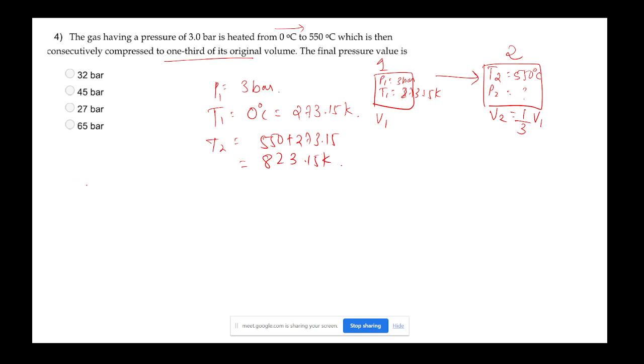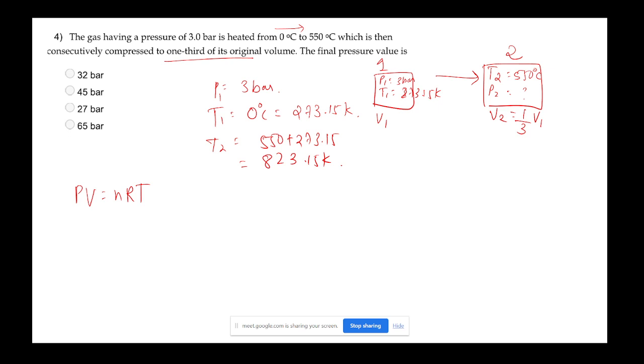Now here, we are not given anything about whether the gas is ideal or not. So you can assume it to be ideal if it is not mentioned as real, and you can use ideal gas equation of state PV equals nRT. Here there is no change in the number of moles.